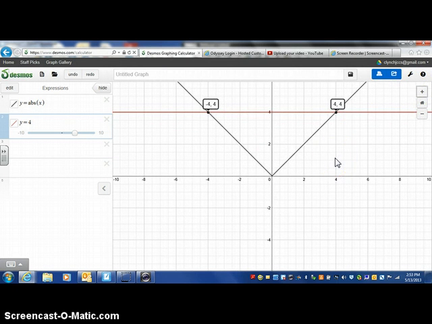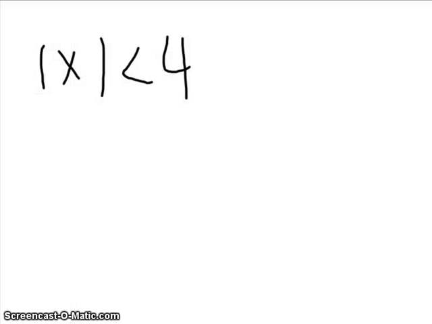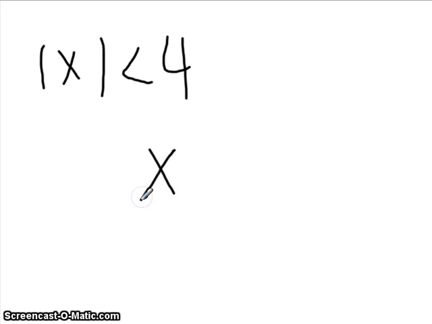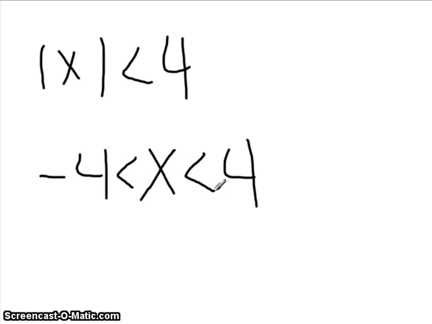So in between 4 and -4, where the graph is right here, that's where the absolute value of x is less than 4. Okay, so how do we write that answer? So back on our whiteboard, I know that my answer was true when x was in between -4 and +4. So x was greater than -4 and less than +4. So that's graphically how we can visualize that.